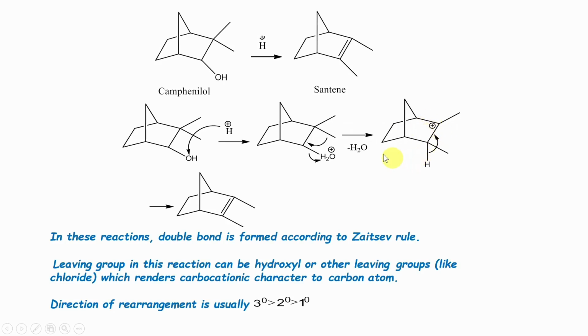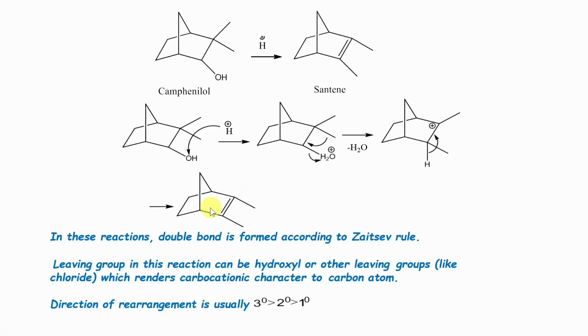And from this tertiary carbocation, a proton is eliminated, forming this santene. Okay, that is, first of all, protonation takes place, forming protonated alcohol, elimination, followed by migration of this alkyl group from this position to this position, or 1,2 alkyl shift, forming a more stable carbocation, and elimination of a proton, leading to the formation of the product santene.